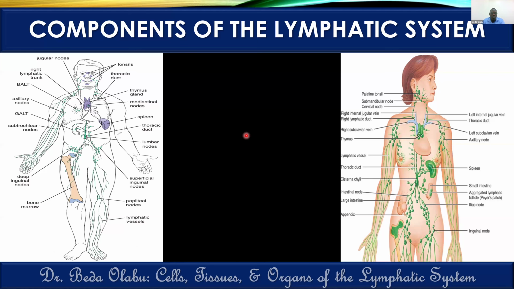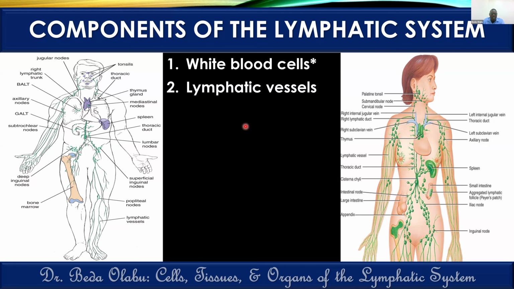When you talk of components of the lymphatic system, we're referring to many things. Top on the list, I want to start with white blood cells. We have particular white blood cells, which are part and parcel of the functions of the lymphatic system. And they serve key functions, as you're going to see.